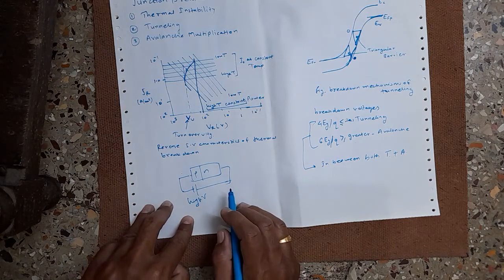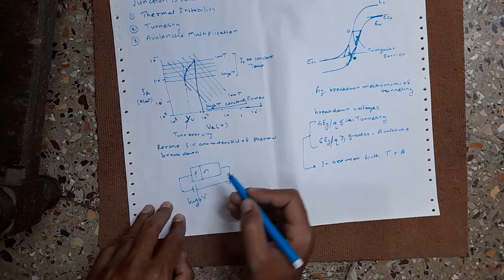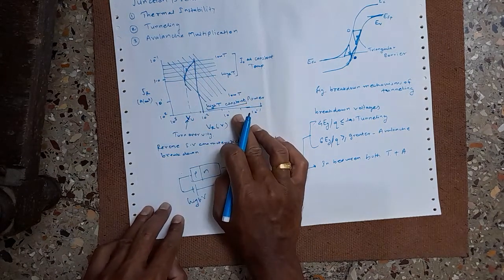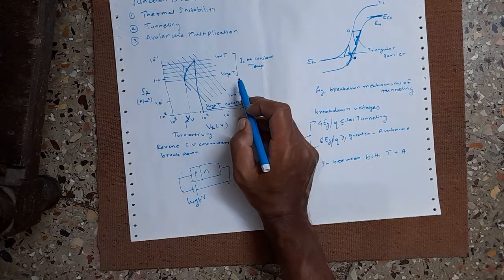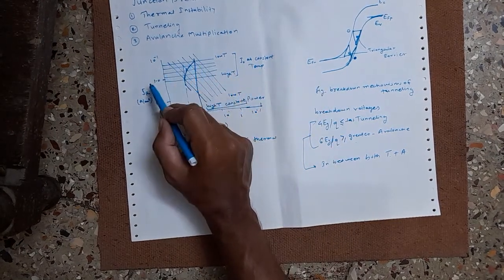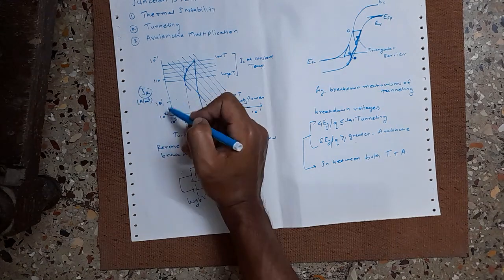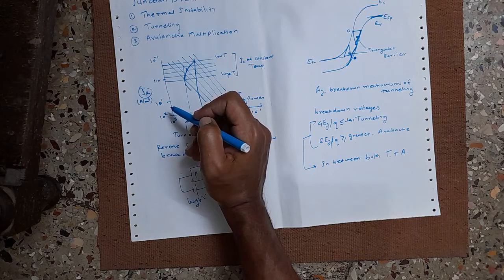Now the temperature effect on the reverse current voltage characteristic can be seen from this figure as well. In this figure the reverse current densities are represented by this family of curves. The reverse current density JR, in ampere per centimeter square, is on the vertical axis.